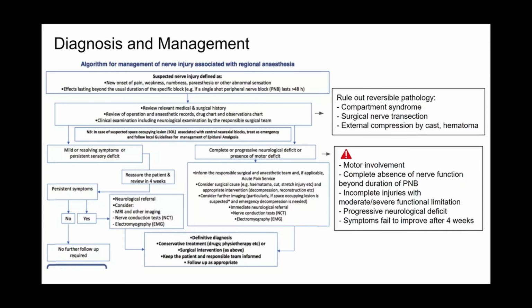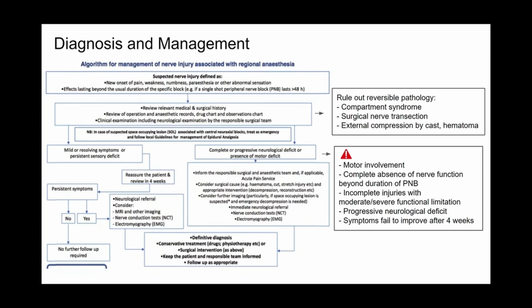Once we have ruled out the reversible pathology and find out that the patient is actually having just a mild symptom or resolving symptom, or if the patient has only a sensory deficit, then the next step of management is to reassure the patient and have the patient review in 4 weeks' time.